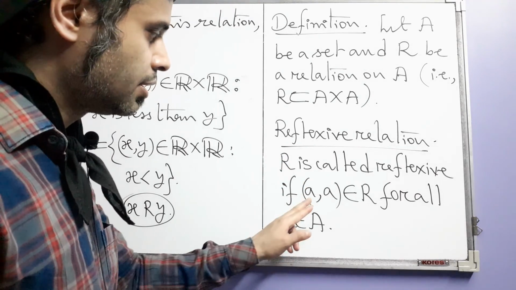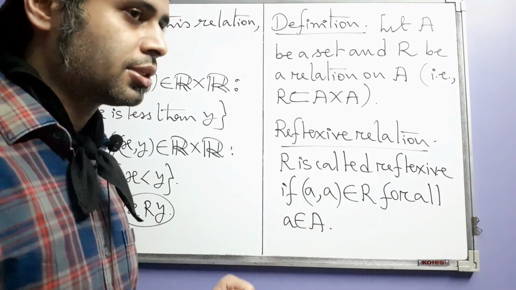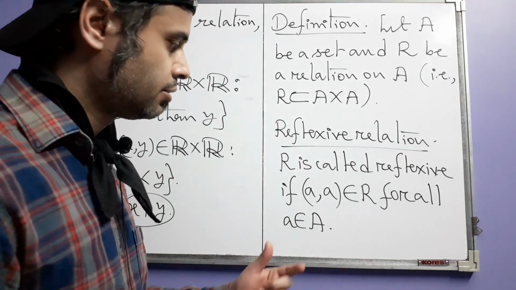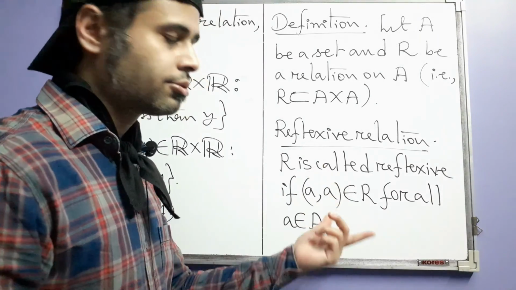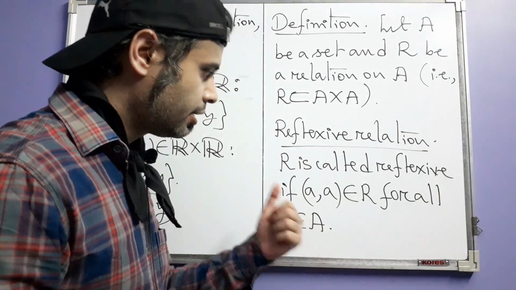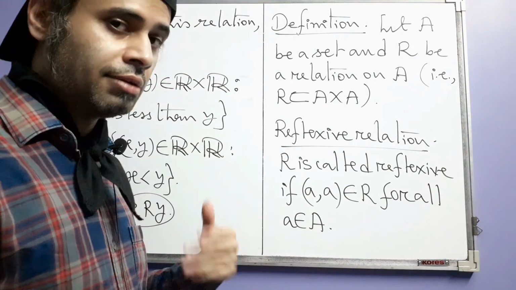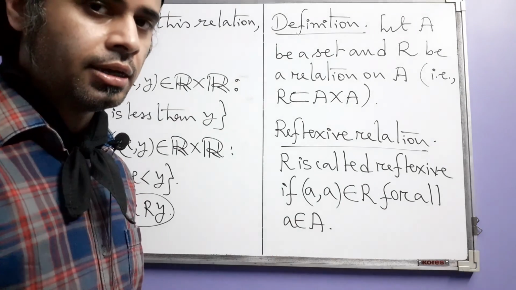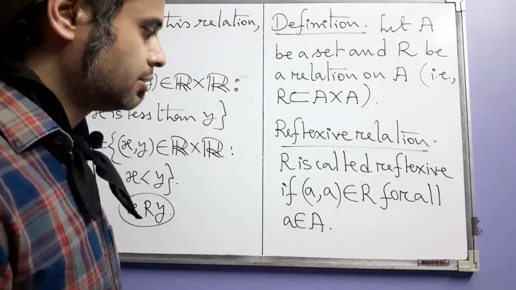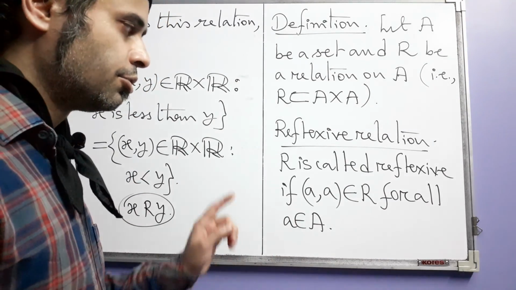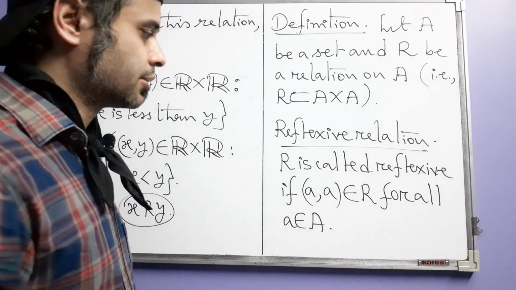In a reflexive relation, such elements where both the coordinates are equal must belong to the relation for all a belonging to A, for every element in the underlying set A on which you have the relation.